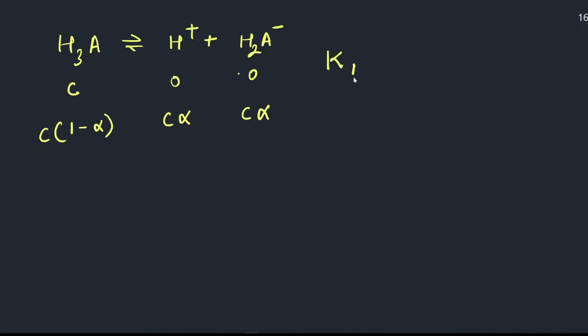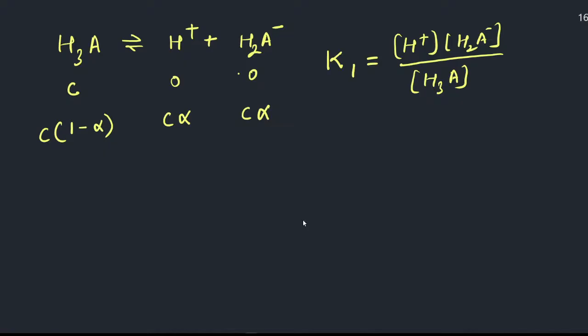So K1 is equal to H plus ion concentration into H2A negative concentration divided by H3A. So it is C alpha into C alpha divided by C into 1 minus alpha.